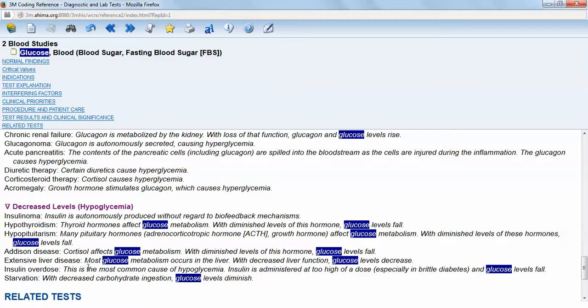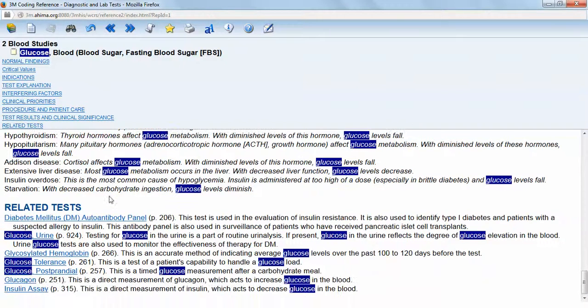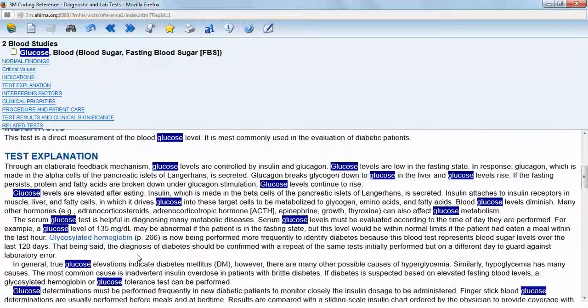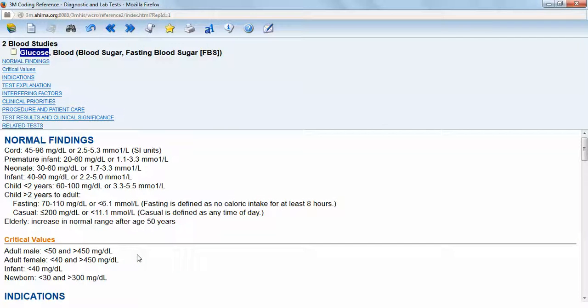Same thing with the decreased levels of glucose, or hypoglycemia. You might also see some related tests. These are related tests that you may see if they do come up with an odd value. You might see these tests done to follow up.